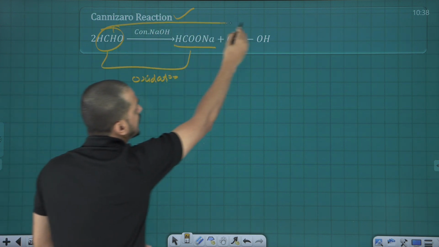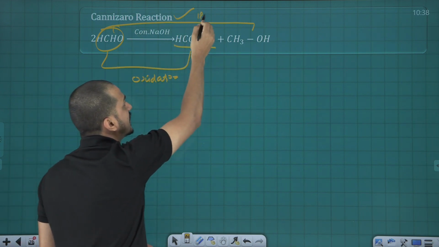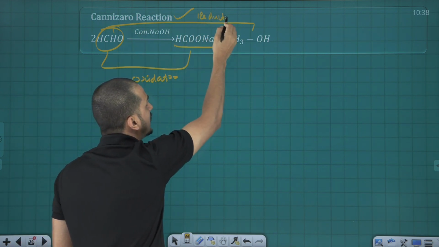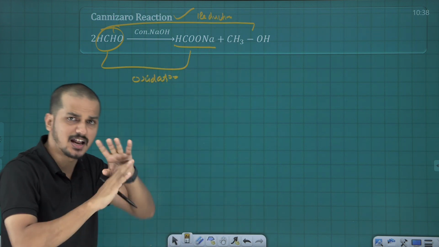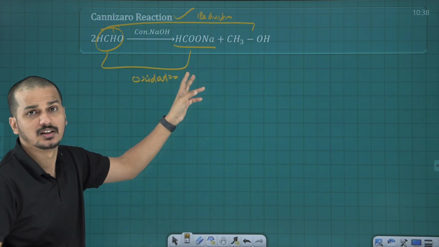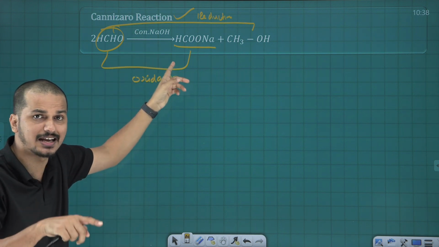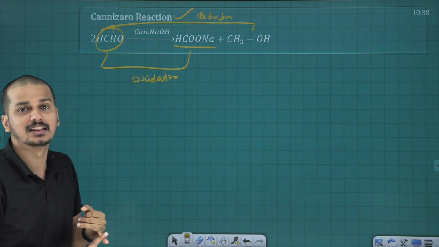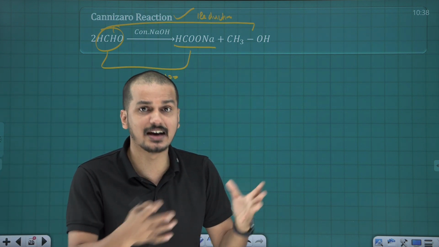And this aldehyde molecule becomes alcohol, which means reduction is taking place here. So the same molecule undergoes oxidation as well as reduction. This is a disproportionation reaction. That is actually the Cannizzaro reaction. Who will give the Cannizzaro reaction? The molecules that do not have alpha hydrogen, like methanal as well as benzaldehyde, etc.